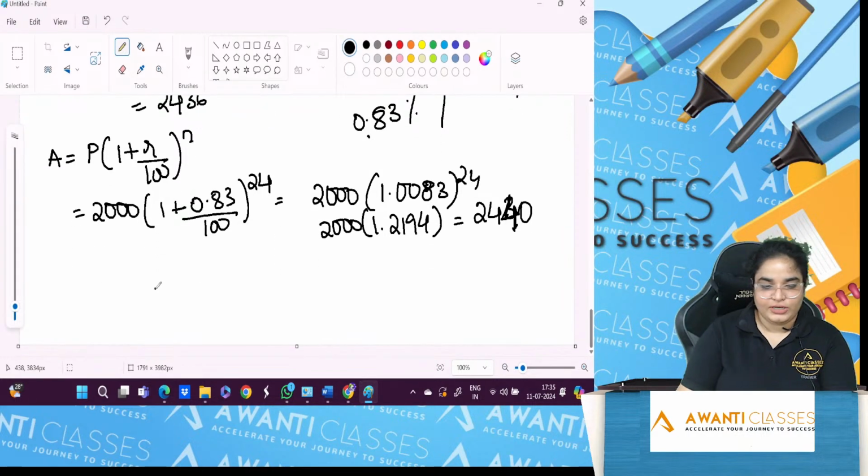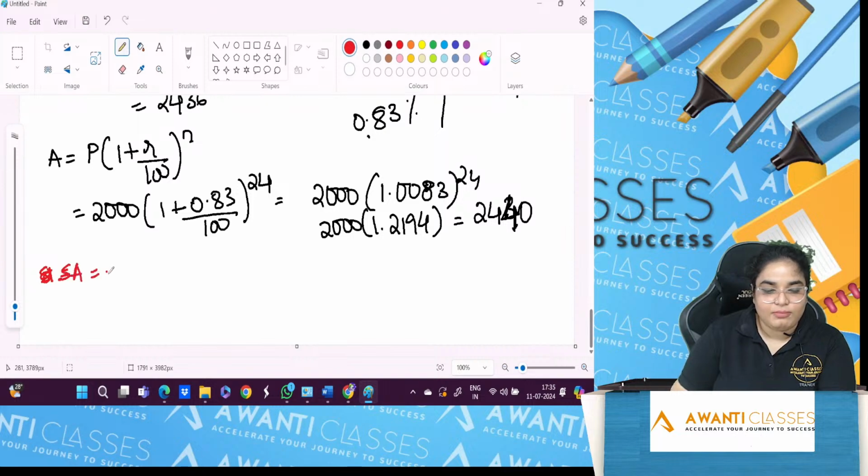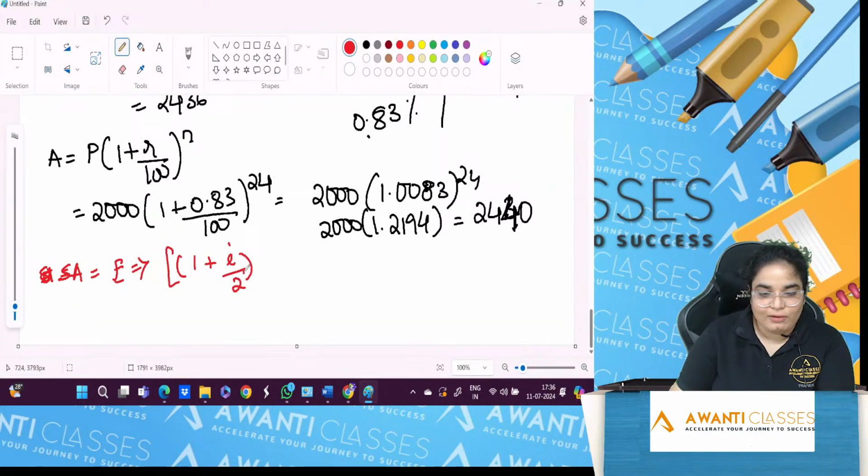Now here for example, let's do the semi-annual thing. In the same question they didn't ask, but let's do semi-annual only. How much is E? E is 1 plus I divided by 2 to the power of 2 minus 1.